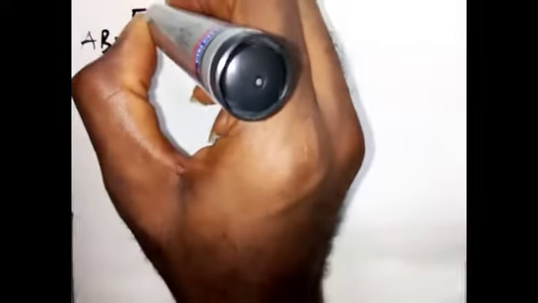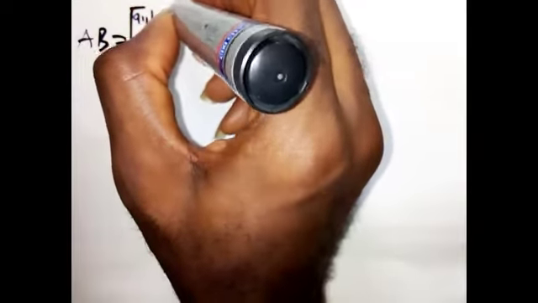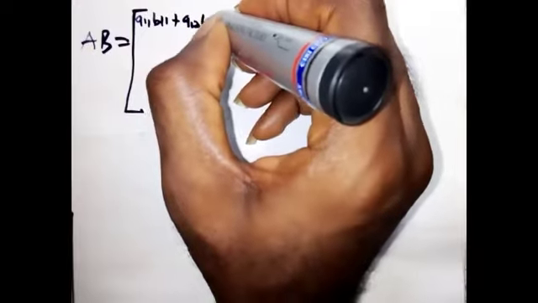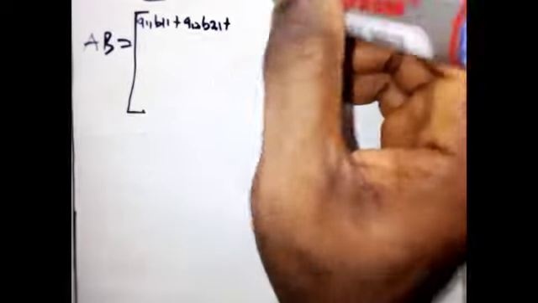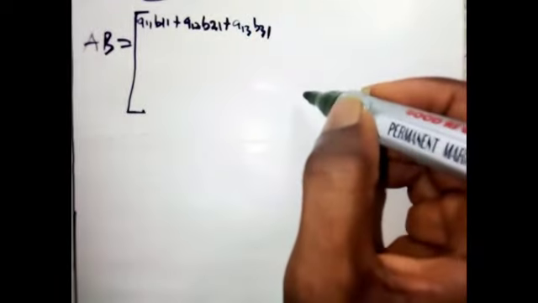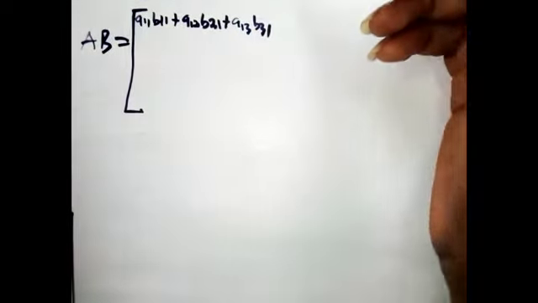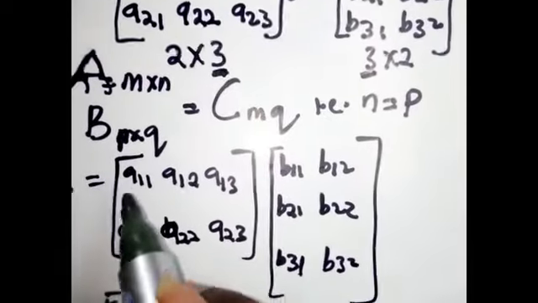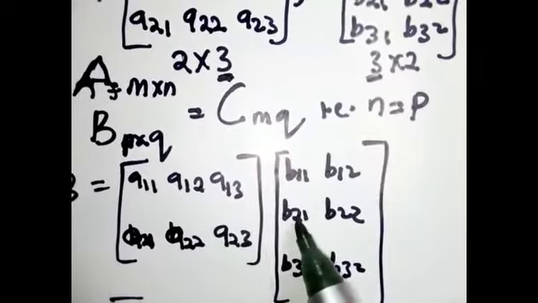So AB will give us A11 B11 plus A12 B21 plus A13 B31. That is, we have this times this, this times this, and this times this.